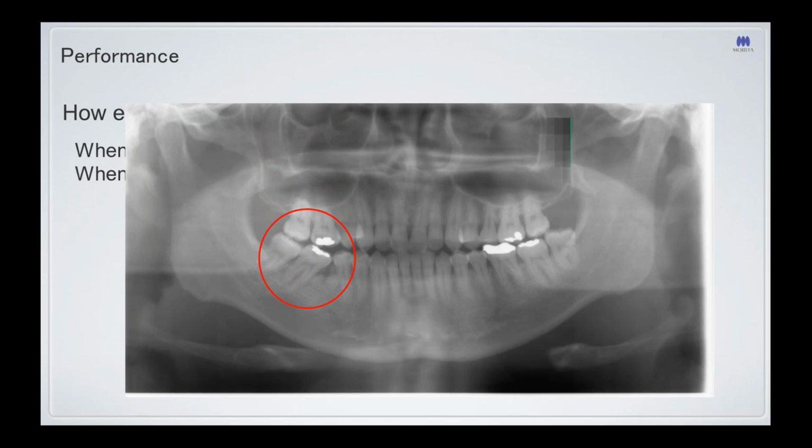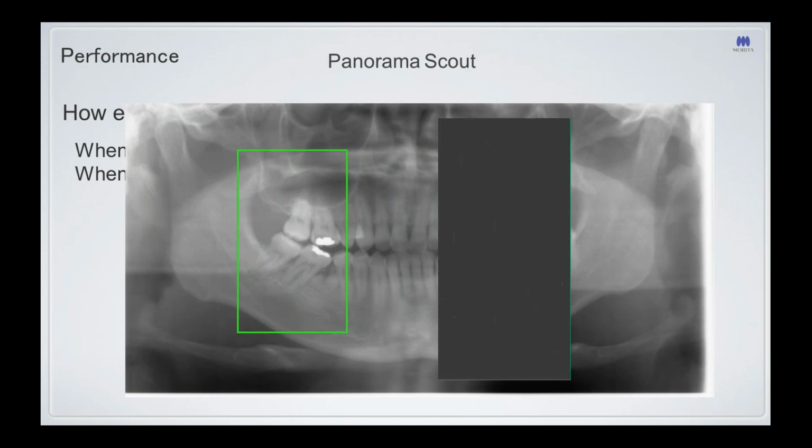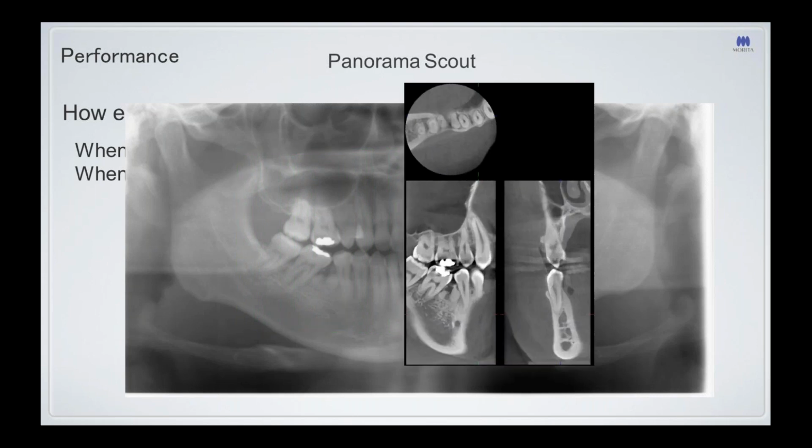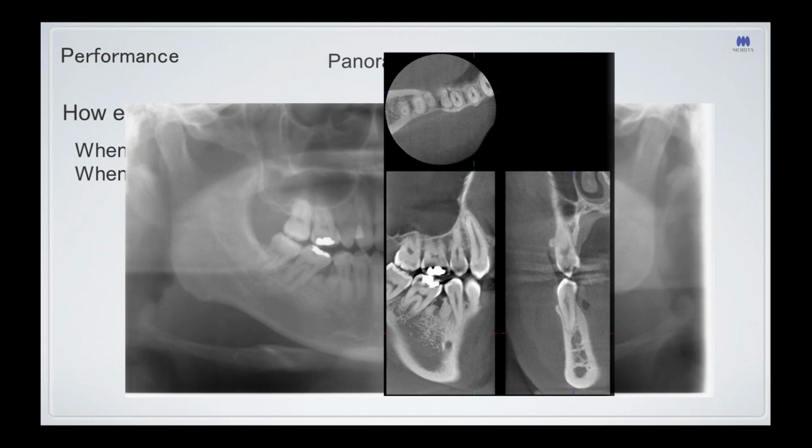So if you're already taking a panoramic image with your cone beam, and most of them do have this functionality, you could in some cases select a small field of view on the panorama. Say, for example, if we wanted to focus in here and scan, we could get our CT directly off the pan. Again, this just makes it easier for your staff to use.